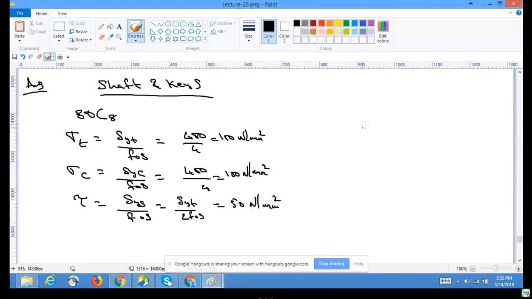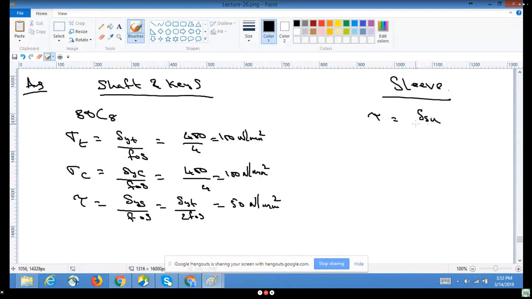Now for the sleeve, our maximum allowable shear stress tau is given as SSU by factor of safety because it is gray cast iron.